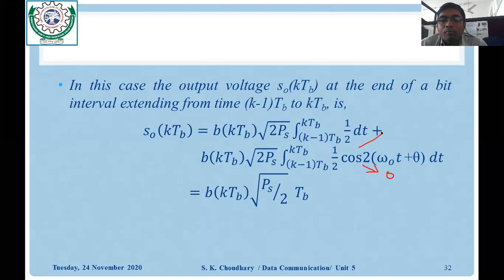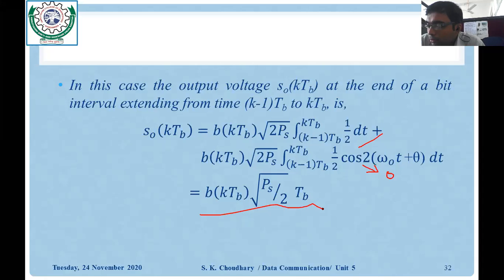It becomes B(kTb) into square root of Ps upon 2 into Tb. This Tb is outside the square root. So this is the required data, B(t), available at the output of the integrator.